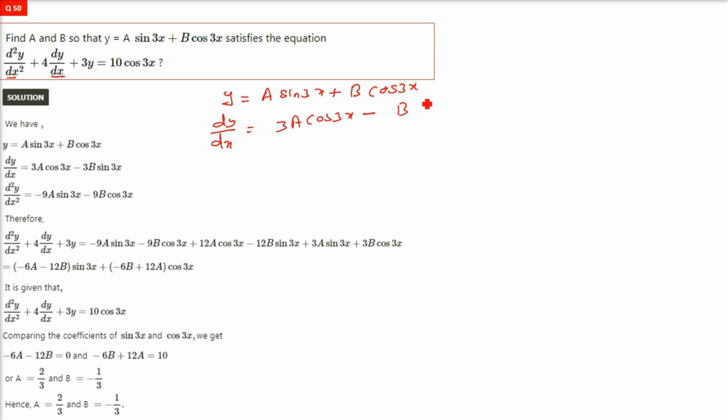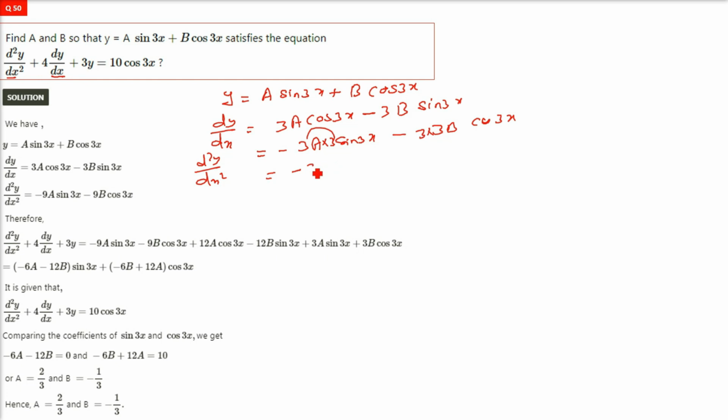And since we have cos already, I am taking minus outside. It will be b minus b sin 3x, so sin 3x differentiation will be 3. So 3a cos 3x minus 3b sin 3x. Now d2y by dx2: 3a cos 3x is minus sin 3x, and differentiation of 3x is 3 again. Here minus 3b sin 3x is cos 3x, and 3x is 3.